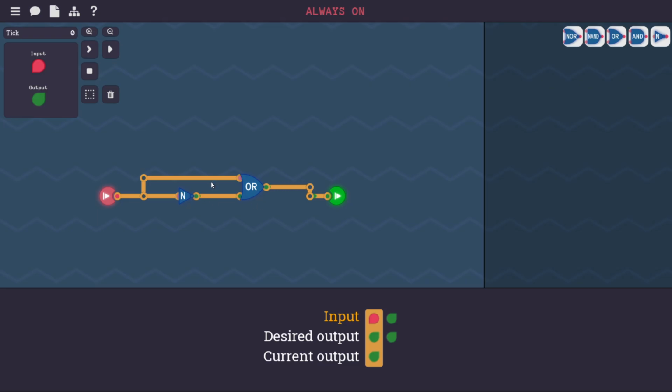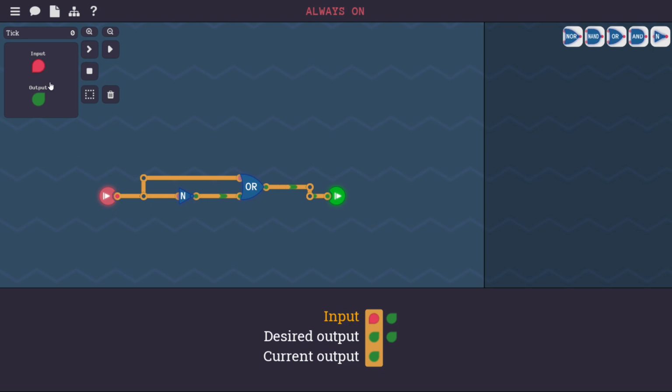We picked an input branch from here to the OR gate, and also the one from here through the inverter to the OR gate. So whichever the condition, the OR gate is going to have one signal that is on, and that results in the output being always on.